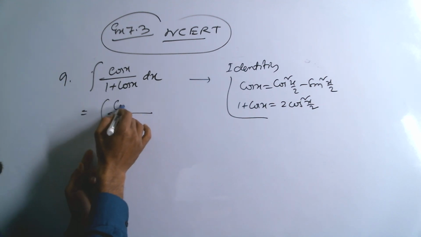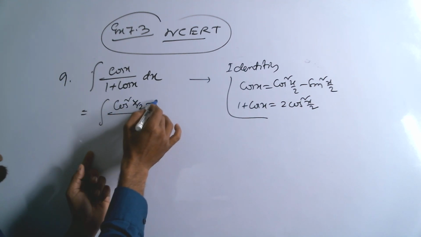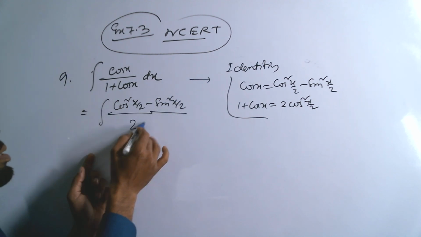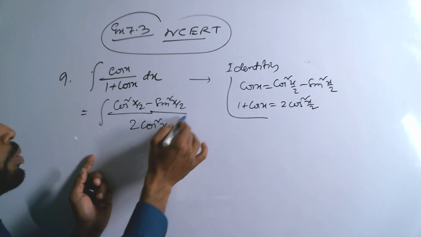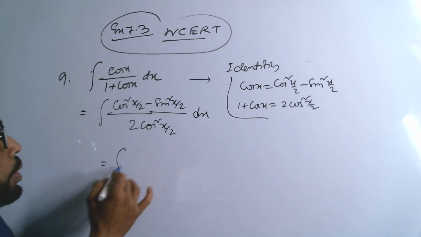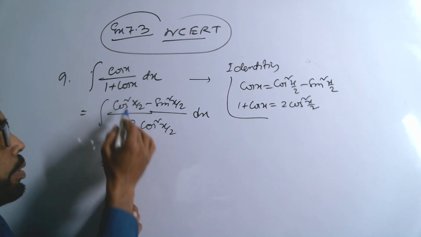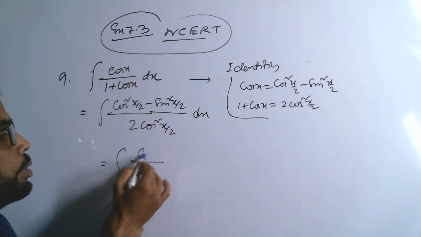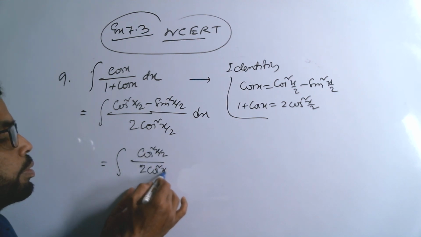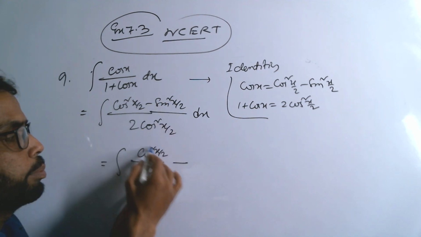Cos x is cos square x by 2 minus sin square x by 2, and 1 plus cos x is 2 cos square x by 2, dx. And then we'll split the first term by the denominator minus the second term by the denominator.